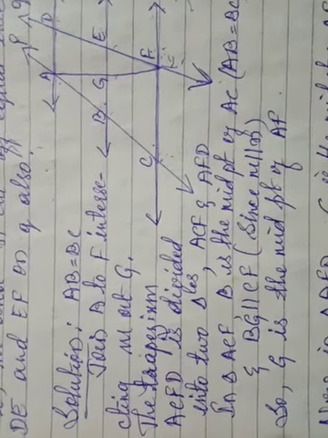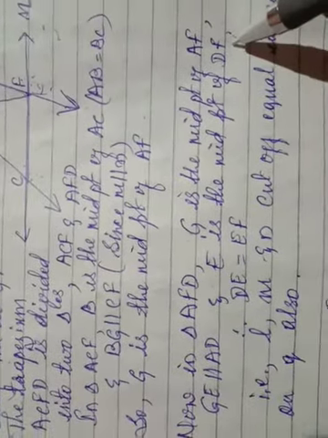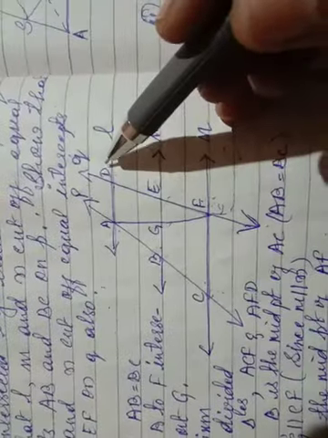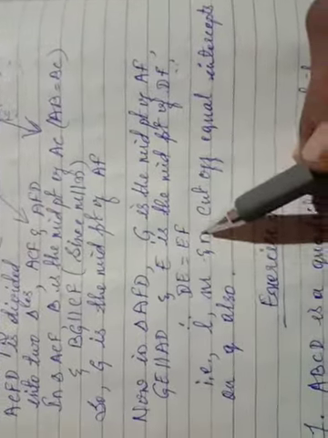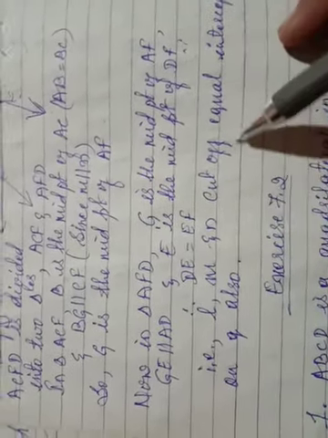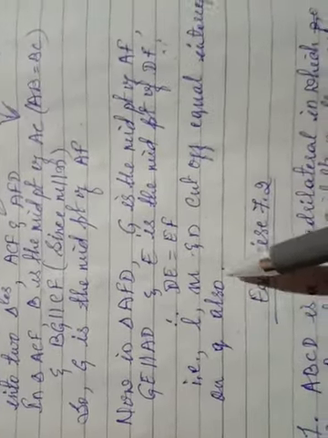You can see here, E is the midpoint of DF. Therefore, DE is equal to EF, you can see in the figure here. That is, L, M and N cut off equal intercepts on Q also.